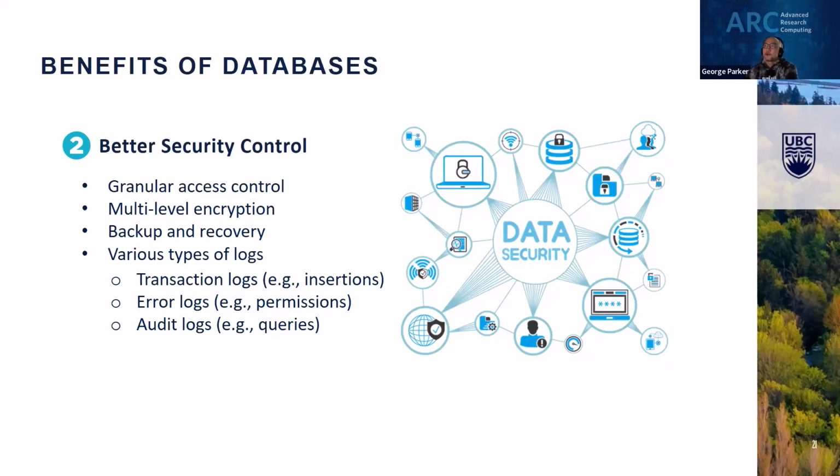Error logs will record all the error messages and warnings, for example, connectivity warnings and permission errors. Audit logs will audit all the interactions with the database, for example, user logins, logouts, and the queries a user committed.